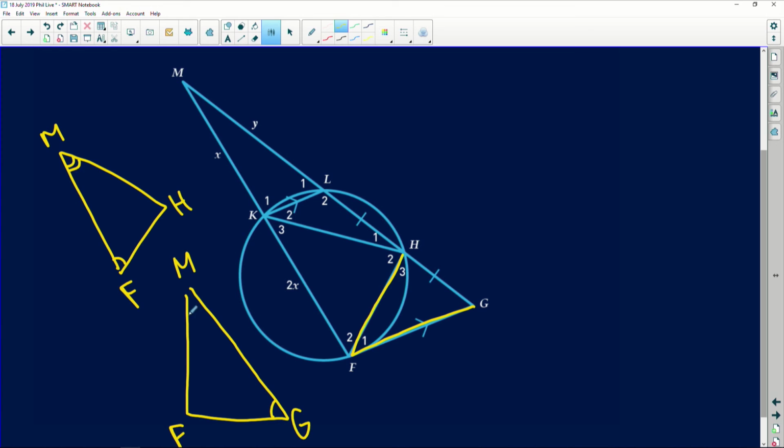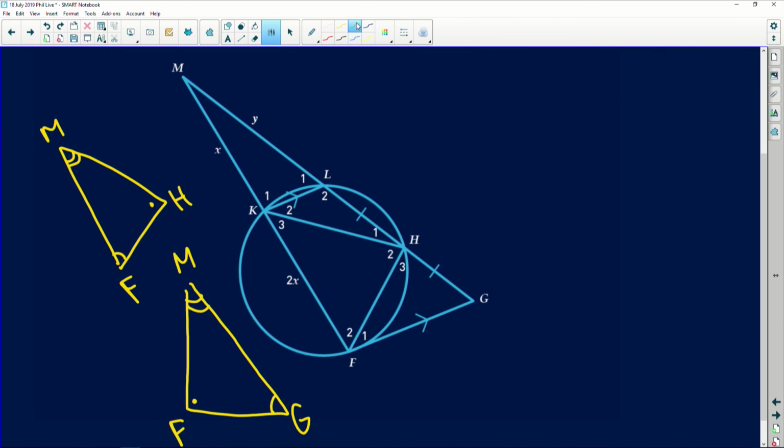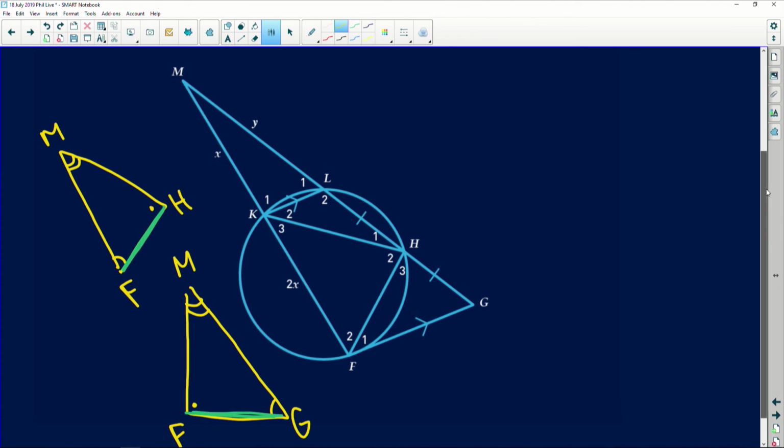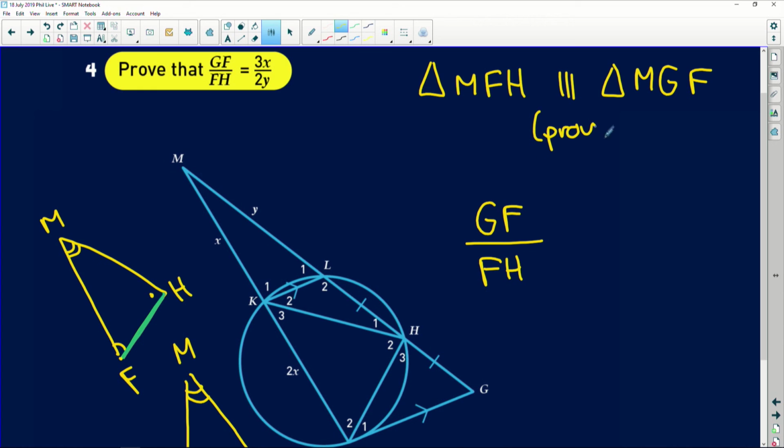This angle is common, and lastly, this angle is equal to this angle. Okay, so the sides that we're trying to prove, it says prove that GF over FH. Okay, so GF falls over here in this triangle, and FH falls over there. So it is the corresponding bottom side of the triangles. Okay, so we can immediately say that GF over FH, if you want to use this as an argument, you can just say that we've proven this.